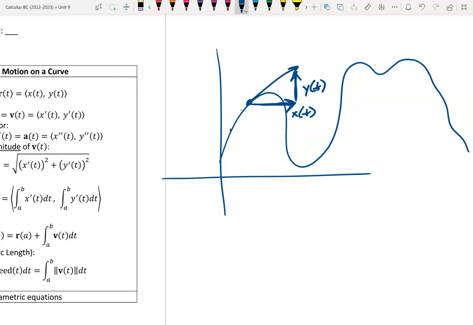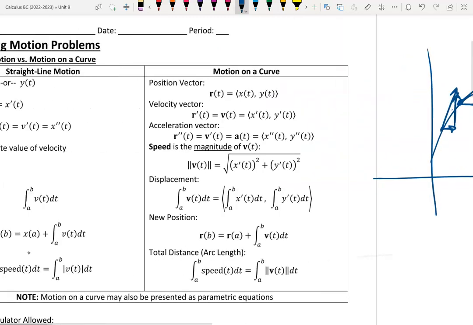And as the motion changes, the x and y components are not going to stay the same. They're going to change. And so therefore we're going to have our derivatives and be able to look at all those different things that we normally look at, but with both horizontal and vertical components.